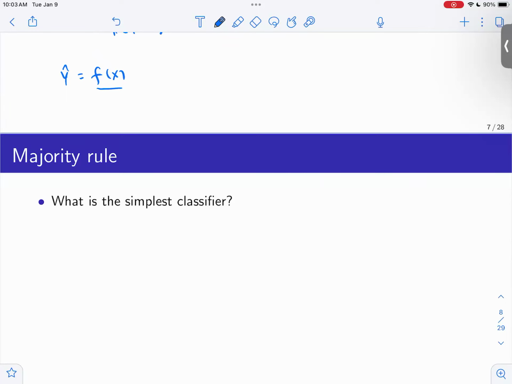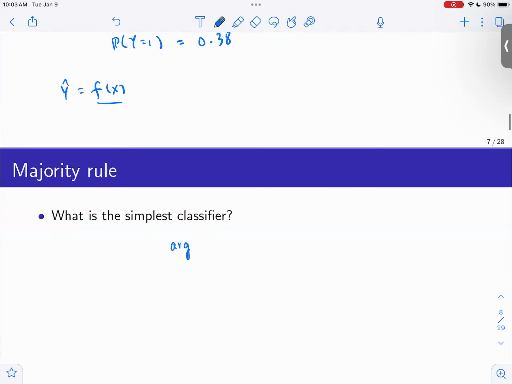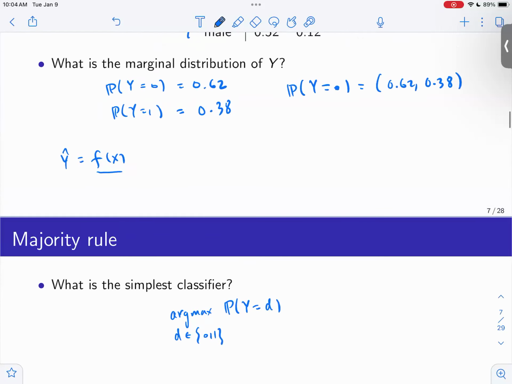So if I want to write it, it's going to be argmax over D in {0, 1} of the probability that Y is equal to D. I vary D: set D equal to 0, set D equal to 1.